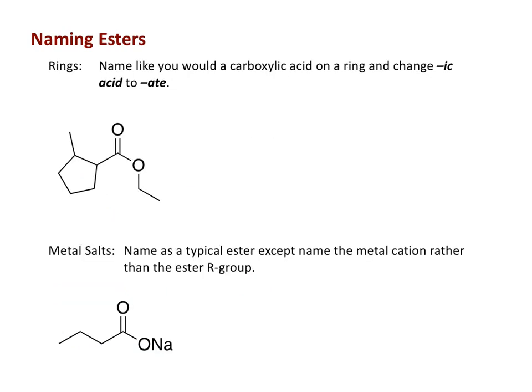Now, if you have an ester on a ring, you're going to name it like you would a carboxylic acid on the ring, and again, change the ic acid ending to ate.